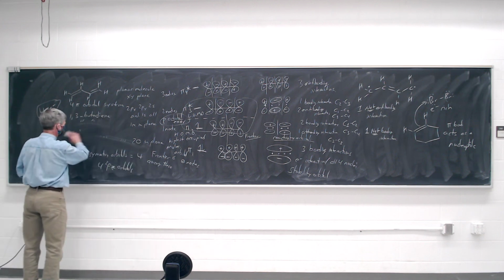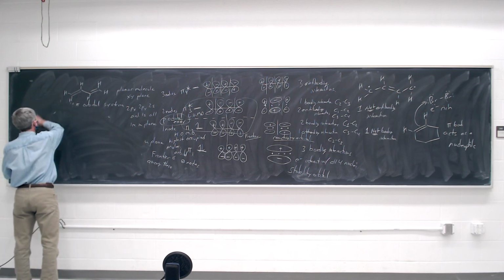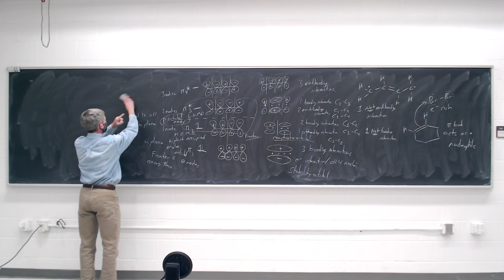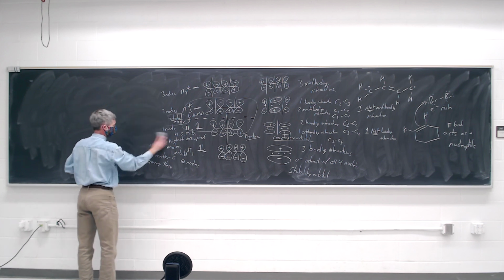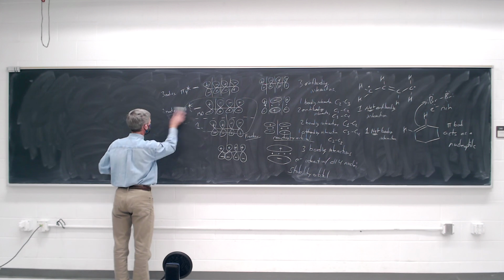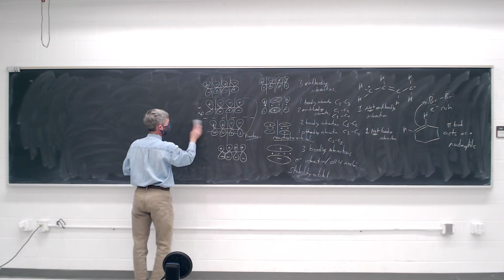So if we did the same reaction on this 1,3-butadiene that I just showed for the cyclohexene over there, what would that look like? Can you say that again? Sorry.